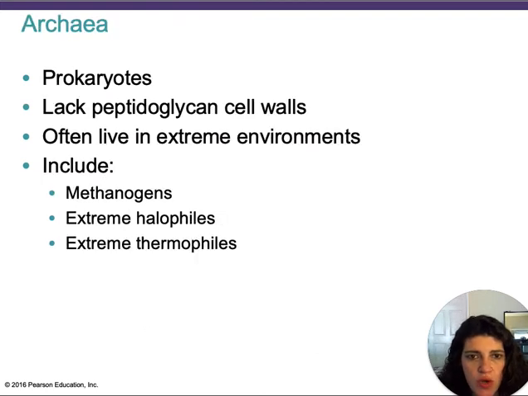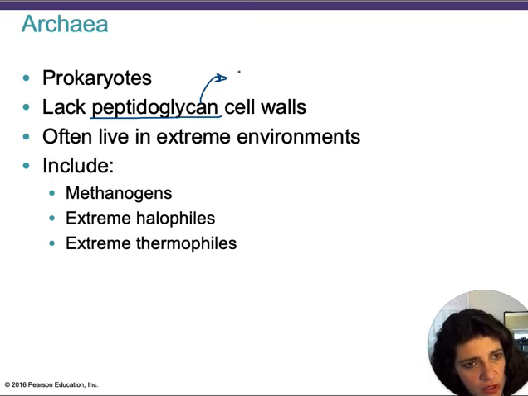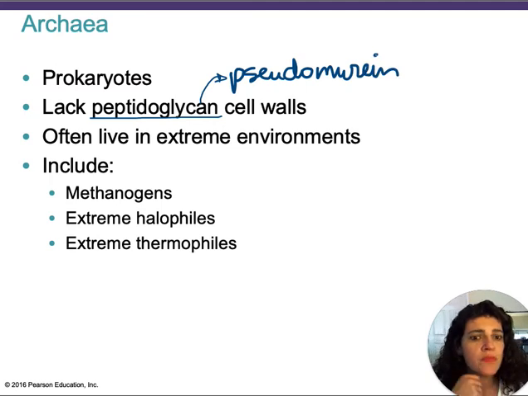Okay, so let's talk about archaea now. Archaea are also prokaryotes, and they don't have peptidoglycan cell walls. They have another substance instead of peptidoglycan in their cell wall. Because another name for peptidoglycan is murein, archaea have cell walls made of pseudomurein.